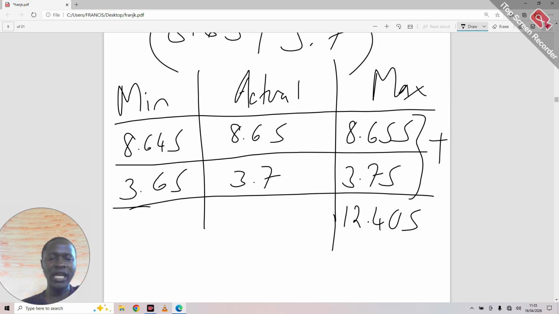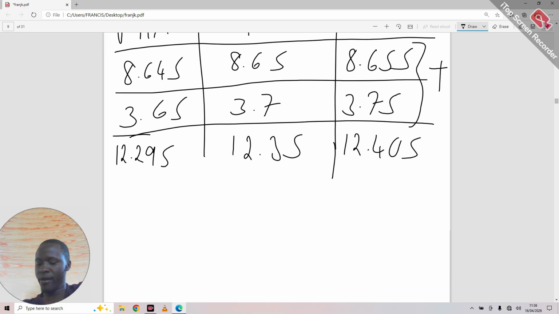Under the actual, 8.65 plus 3.7, we shall have 12.35. Now, under the minimum, we shall have 8.645 plus 3.65, having 12.295.